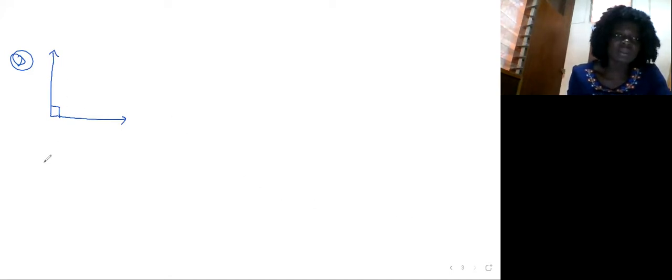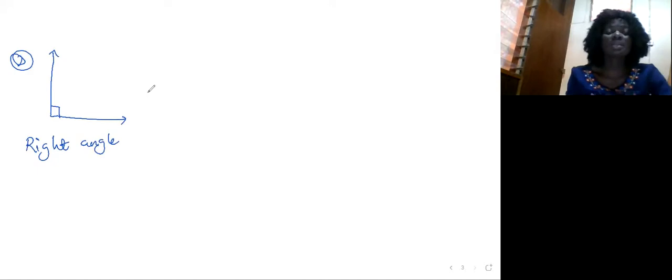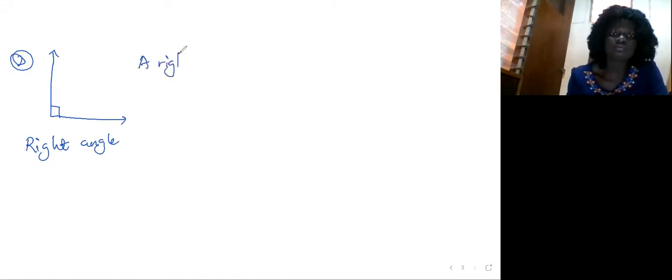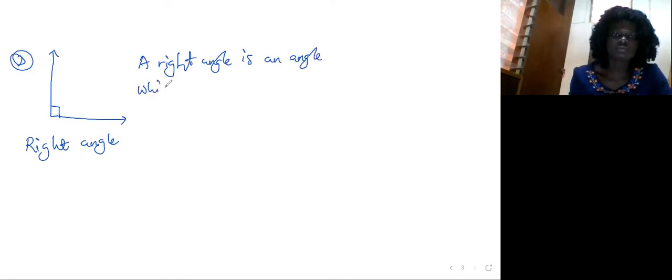All right, so we have this one to us, the right angle. So this is a right angle. What can you say about a right angle? So a right angle is an angle which is equal to 90 degrees.